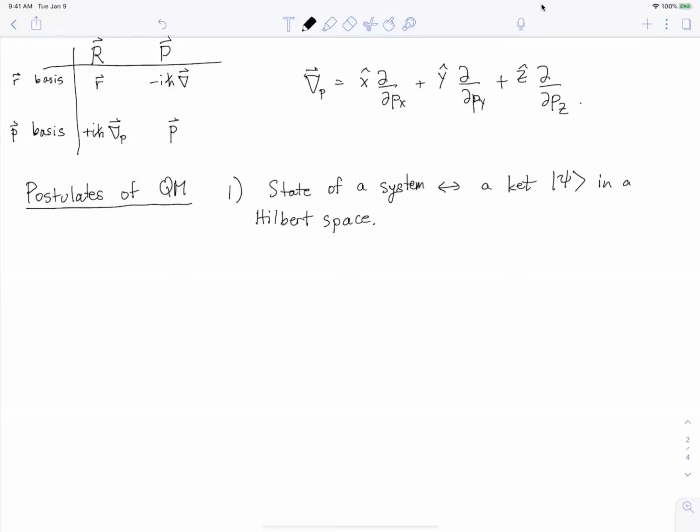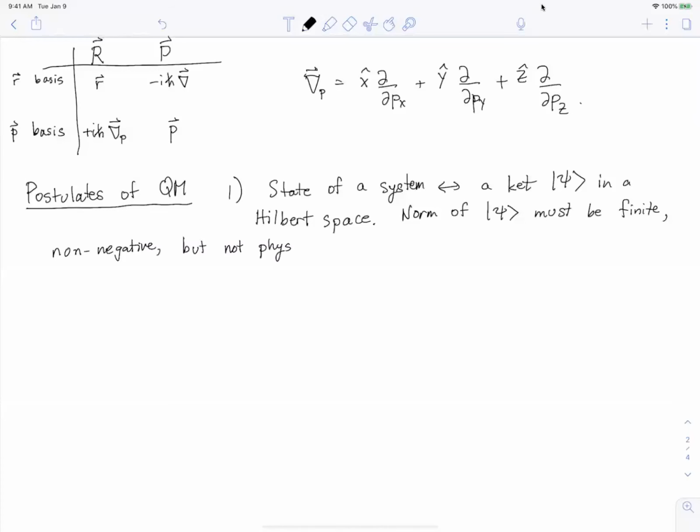Okay, now the norm of the ket psi must be finite. That's why the position and momentum eigenstates are not technically members of the Hilbert space, they're idealized examples. So this must be finite, non-negative, but it's not otherwise physically significant.